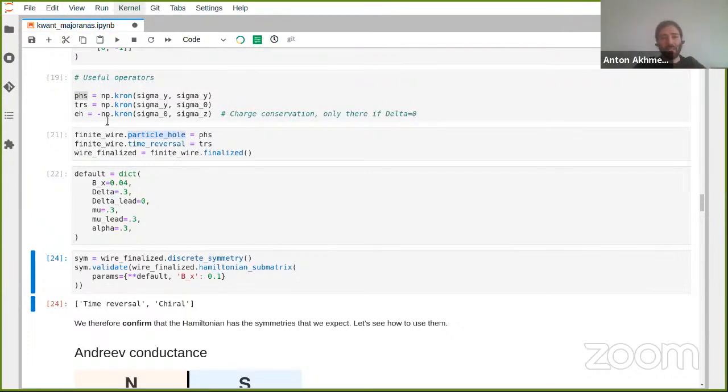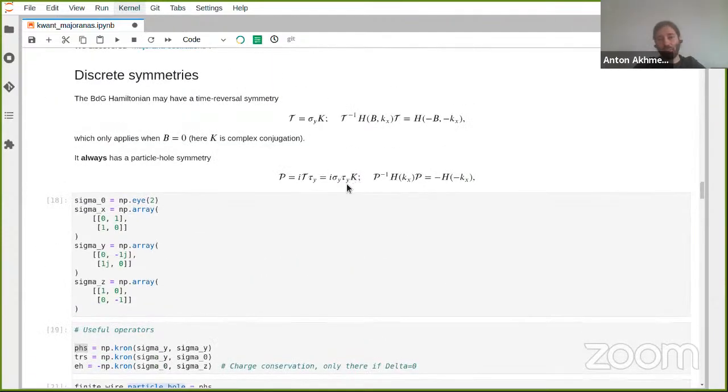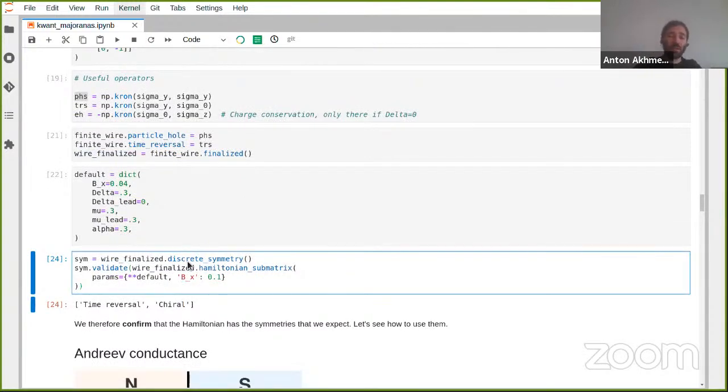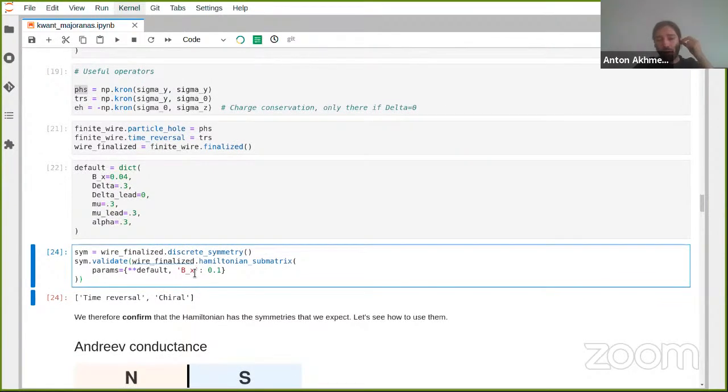But whenever you have a particle-hole symmetry, which is anti-unitary, so it complex conjugates the Hamiltonian, and it's an anti-symmetry, it changes the Hamiltonian sign, and you in addition have an anti-unitary time reversal symmetry, their product is a unitary antisymmetry. So there is a unitary operator, here it's just tau y, that, when applied to a Hamiltonian, changes its sign. This one is broken whenever either of the particle-hole or time reversal is broken, and therefore here it's broken as well.